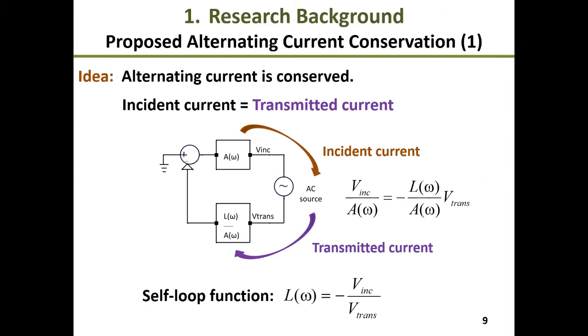Another way, we also report the alternating current conservation to measure the cell-loop function in practical measurement. The basic idea is that the alternating current is conserved. It means that the incident current is equal to the transmitted current, and now the cell-loop function is defined by L of omega equal to minus the incident voltage over the transmitted voltage.